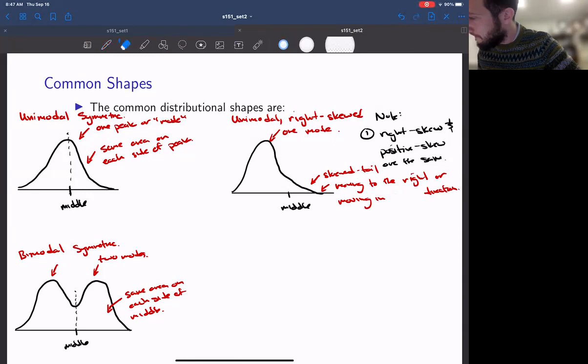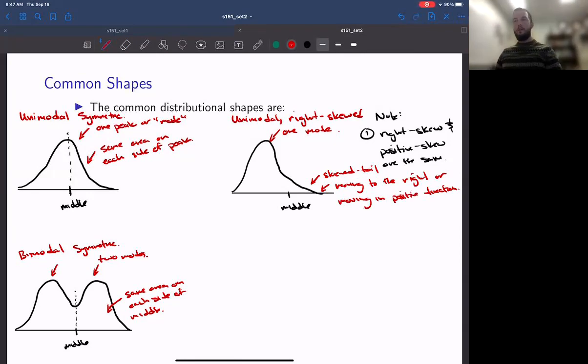All right. Okay, so skewness is defined by the direction of the tail.